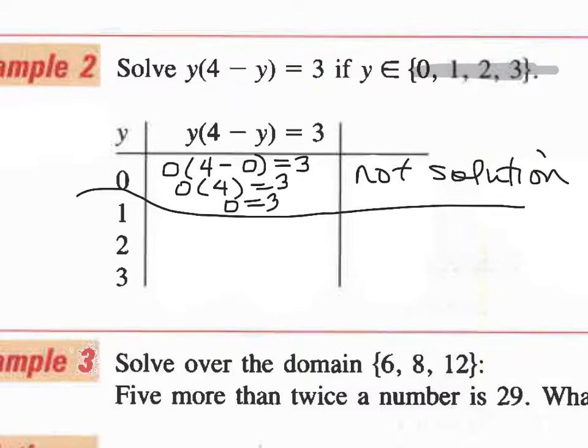Now we're going to try replacing the 1. So 1, the grouping symbol, 4 minus 1. So I'll do the grouping symbol first. 4 minus 1 is 3. Multiply it by the 1. So then I get 3 equals 3. This one is a solution.